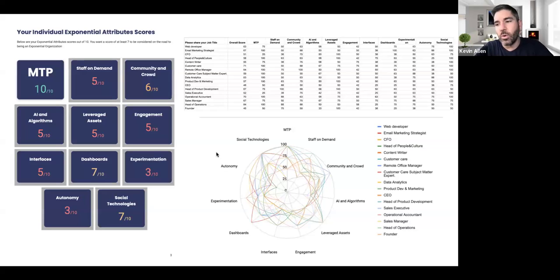So under the resources tab on the platform, you can find the exponential quotient dashboard, where you can actually create a survey where you get the results yourself, right? That is for certified consultants.